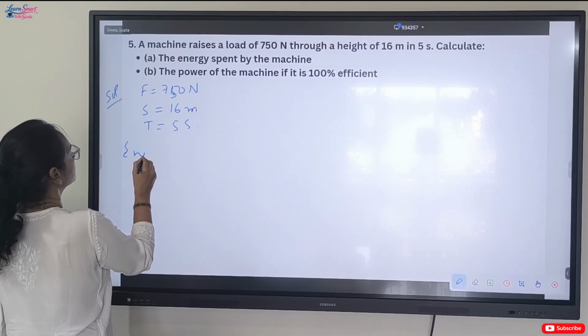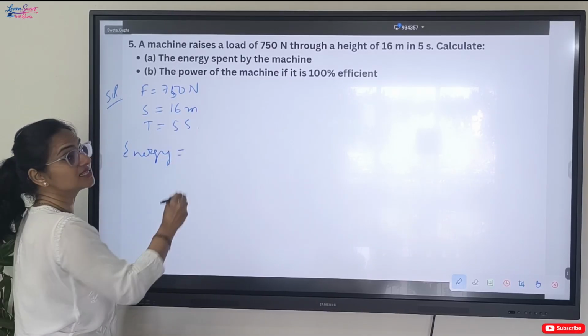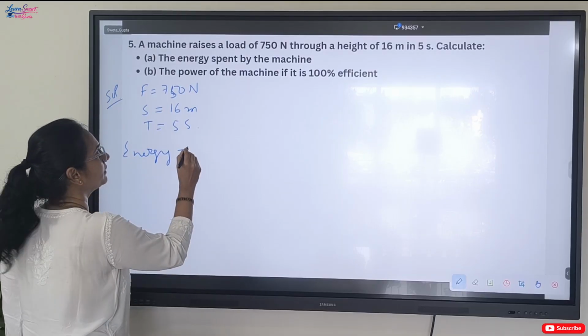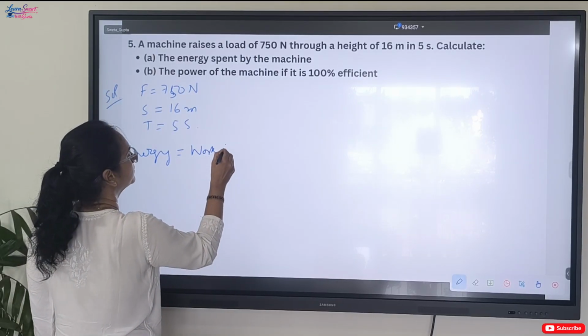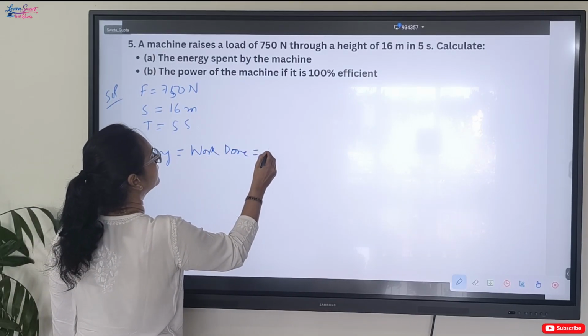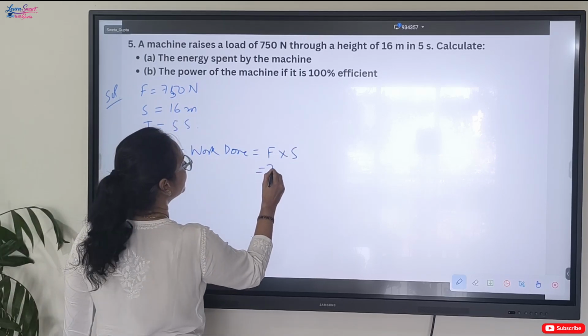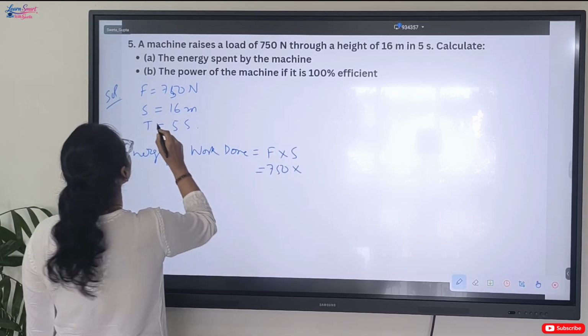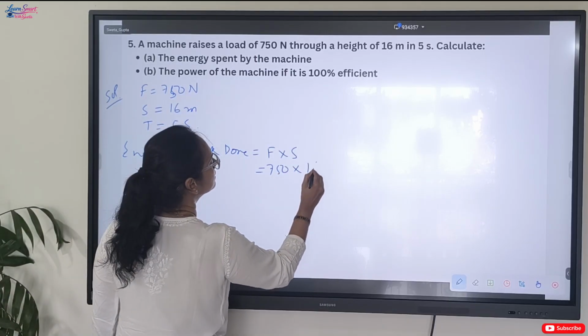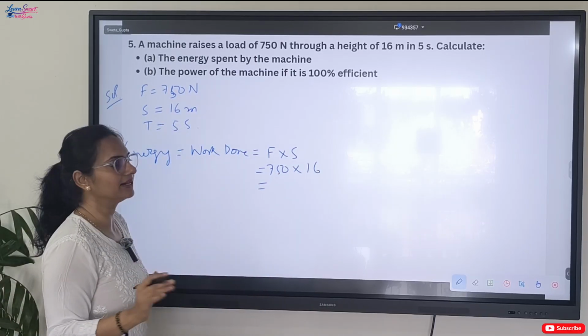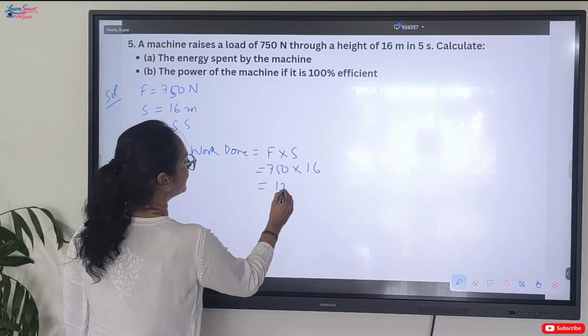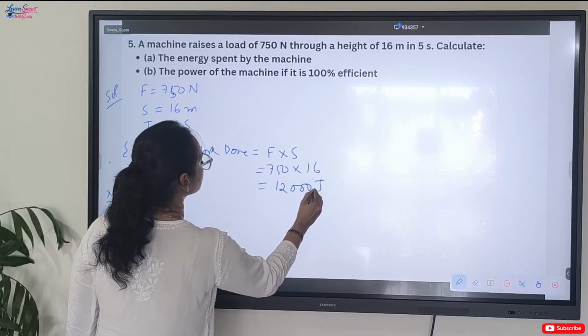So energy means work done. So we have to calculate work done. And how will we calculate? Force into displacement. Force is given to us, 750, and displacement is given to us as 16 meter. Simply multiply and get the answer. We will get 12,000 joules.